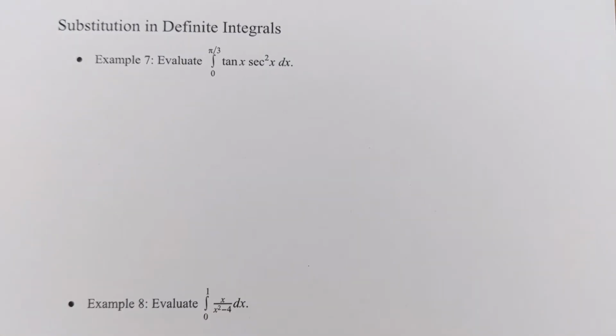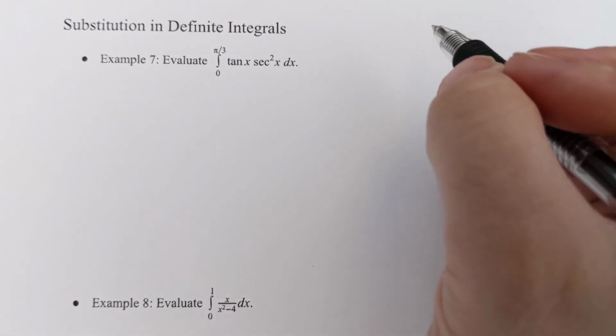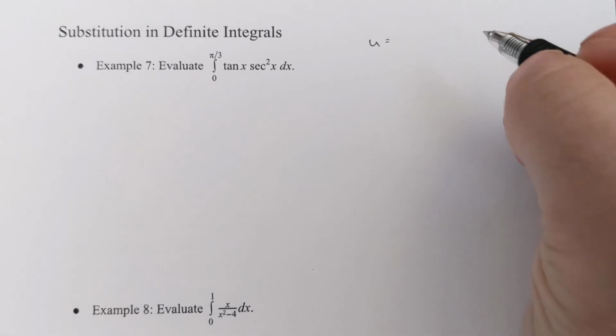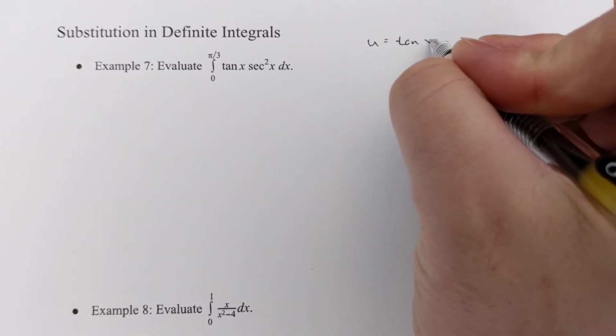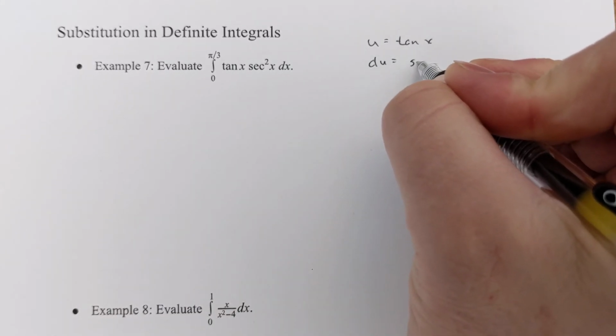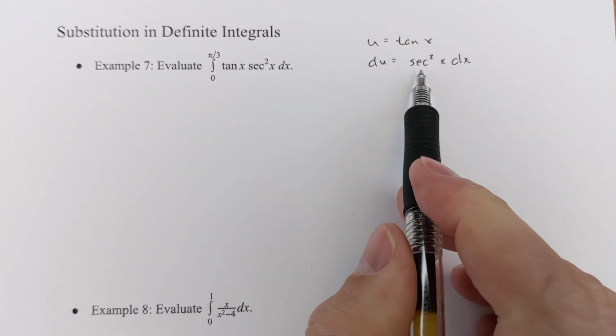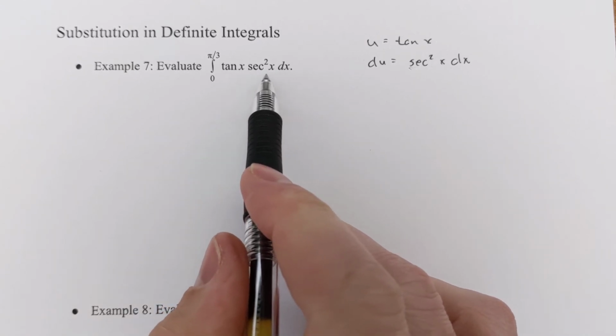So, substitution in definite integrals, you can do similar things here. Let's evaluate from 0 to pi over 3 of the tangent x secant squared x. So let's say our u value, so secant squared is the derivative, so u is going to be the tangent of x. So du is the secant squared x dx. Now if you notice, right here, that matches exactly that.